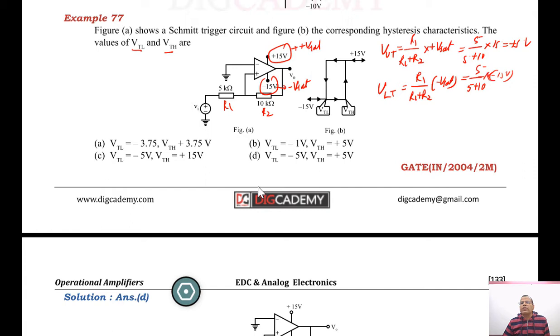So that gives how much? That gives again minus 5 volts. So upper threshold voltage is plus 5 volt and lower threshold voltage is minus 5 volt. So this is your answer, right?